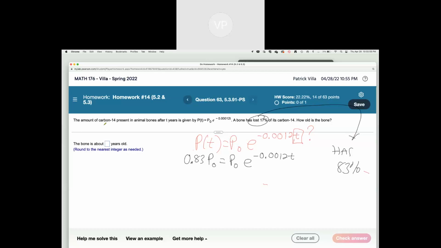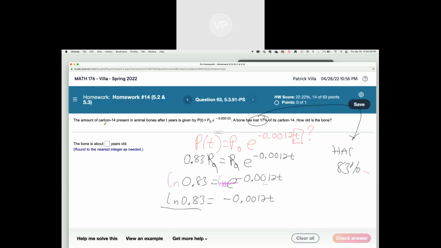And now you can divide away the P naught, and then we have 0.83 equals e to the negative 0.0012t. Like I said before, if you're trying to get a variable out of a power, you natural log both sides of it. And that makes the natural log and the e cancel. So I have natural log of 0.83 equals negative 0.0012t.